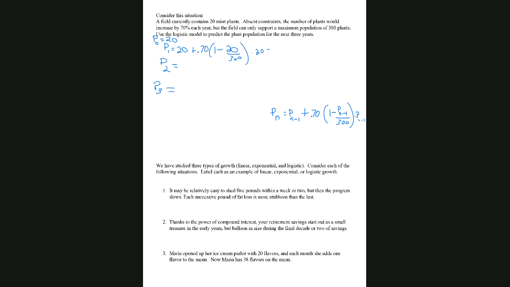So 20 plus 0.7 times 1 minus 20 over 300 times 20. And when I do that, I get 33.0667, but I'm going to get approximately 33. So I'm going to leave this as 33.